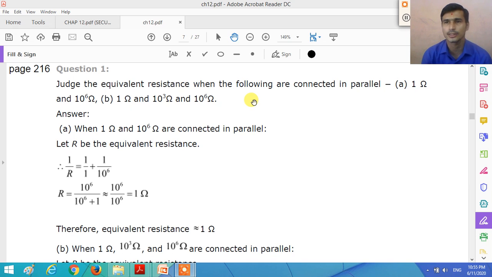When two resistors are connected in parallel, we know the formula of the equivalent resistance.